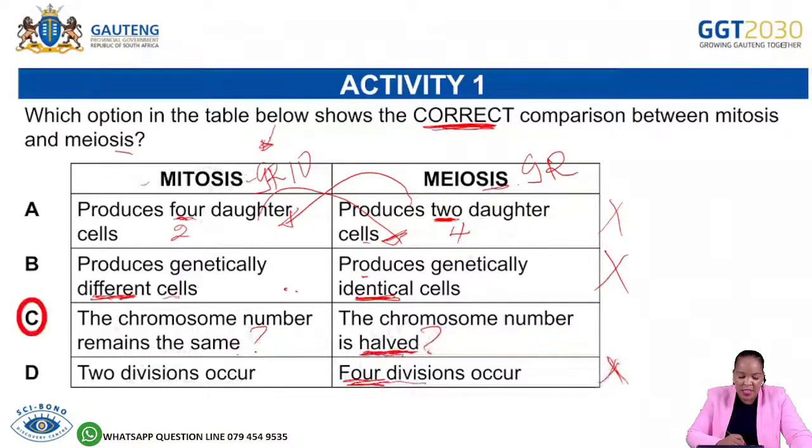With option C. Did you see how much time we took to analyze these multiple choice questions? So I want you to think that not all multiple choice questions are easy, or that you can just pick and choose without going into the question and analyzing and checking. This might seem like a simple table, but it needed you to dissect all the possible answers and then eliminate those that are incorrect.